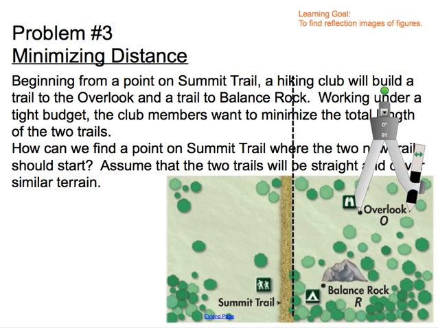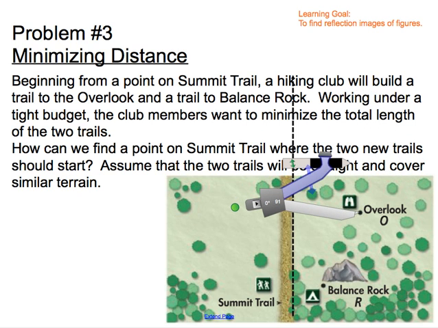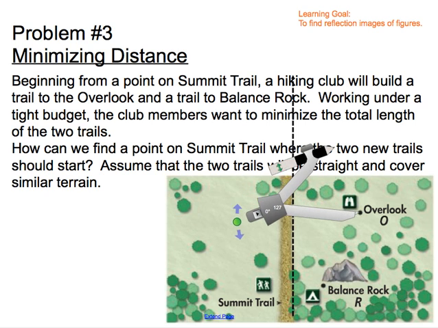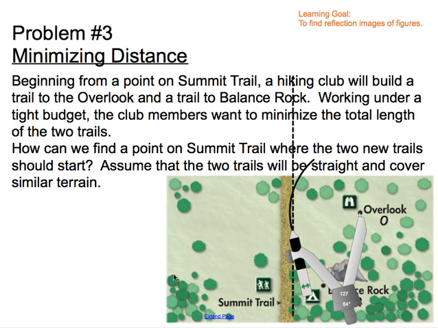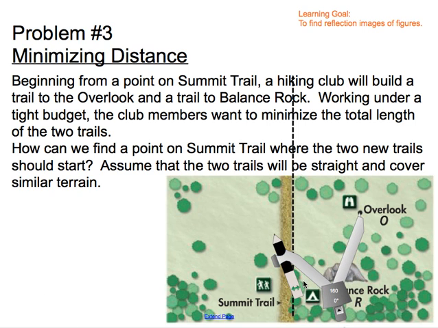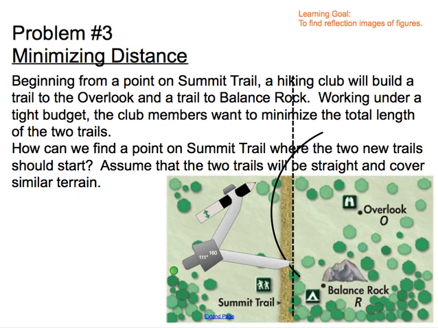And I'm actually going to reflect Overlook perpendicularly across the line. So I'm going to use a method that we learned way back in chapter 1. So I'm going to draw an arc.